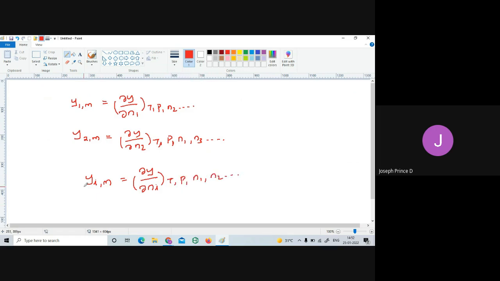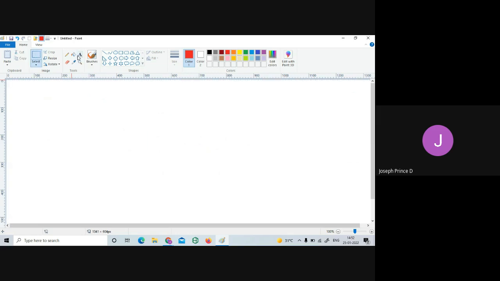So this is the definition of partial molar properties. So it shows the variation of that thermodynamic function with the change in the number of moles of that component. For example, suppose we have to find out partial molar volume, right?